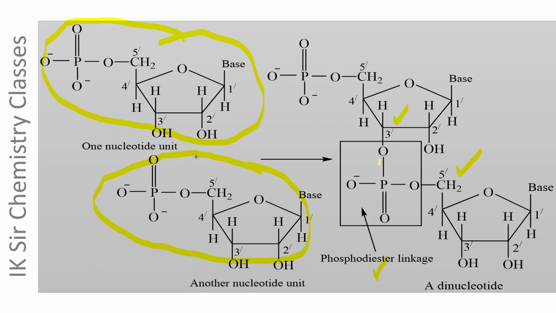This linkage is called phosphodiester linkage. Two nucleotide units are attached together between 5' and 3' positions through phosphodiester linkage, and thus we get a dinucleotide.